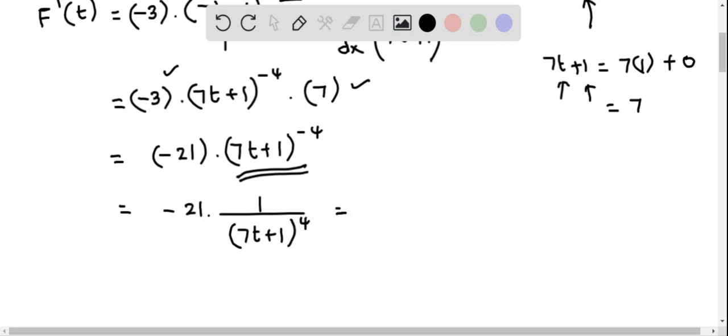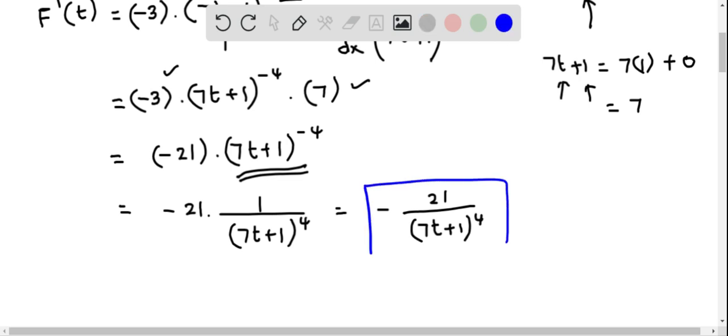Or this can simply be written as negative 21 over (7t plus 1) to the power of 4. So this is the expression for the derivative of the function, which represents f prime of t, the derivative of f of t.